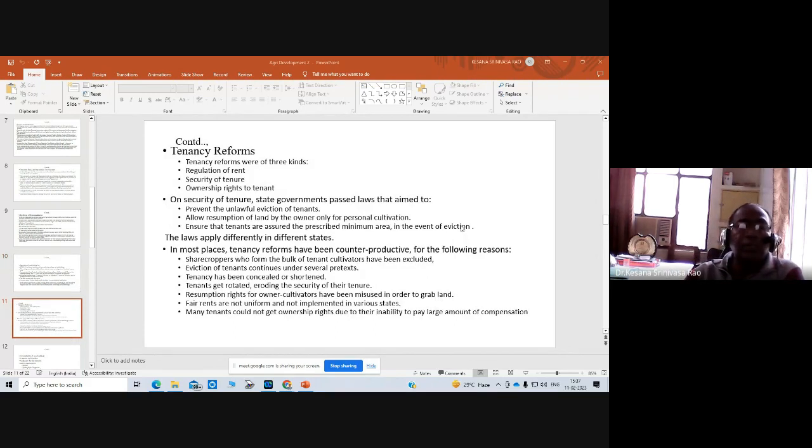Then tenancy reforms. As I have already told you, there are three kinds of tenancy reforms: regulation of rent, security of tenure, and ownership rights to tenant.